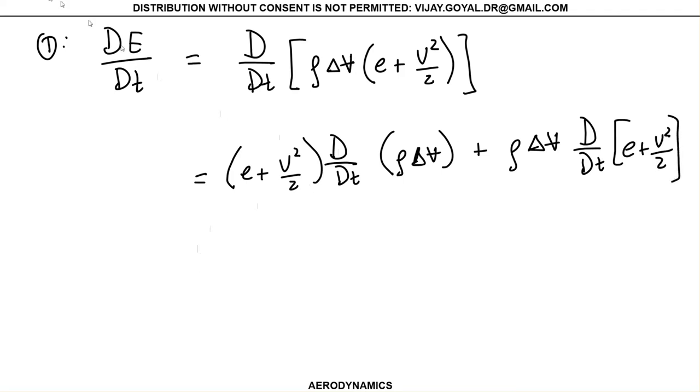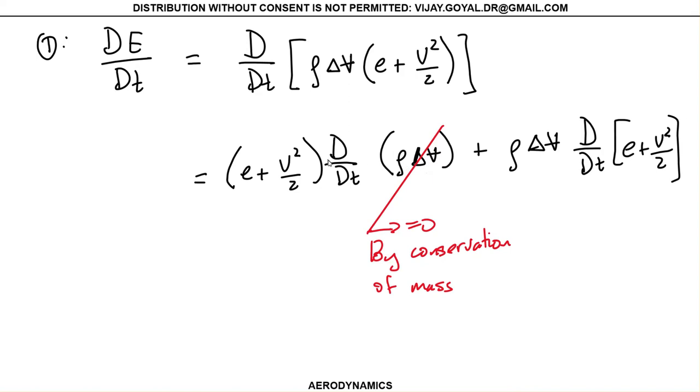And this first expression is actually equal to 0 because of conservation of mass. Remember, for a particle, conservation of mass says my delta volume is not going to change, so this whole thing goes to 0.